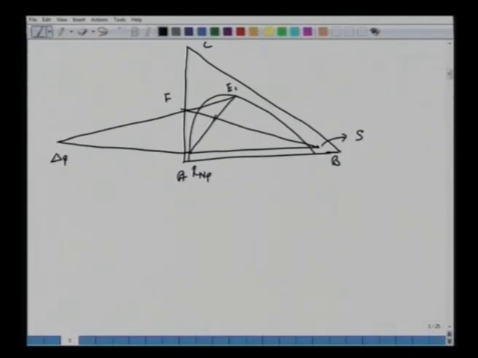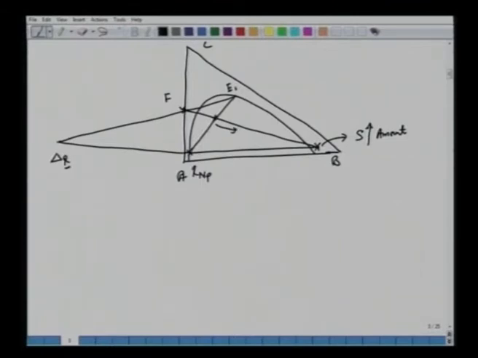Suppose the mixing point has moved from here to here, then we get a new E1, let's say E1 prime, and now if we connect this E1 prime and F, you can notice that this del R point is going to move further down. Let's say it makes connections here at a different location, del R1.